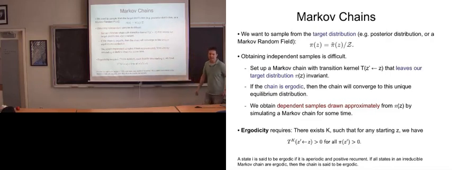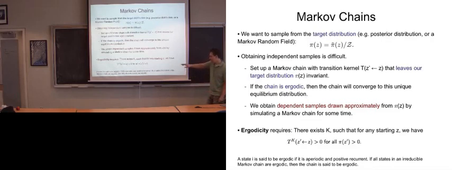The intuition here is that effectively you will explore the whole space. There's always non-zero probability of reaching any state in your domain for which pi of z is non-zero. Right? Intuitively, it makes sense. If you're setting up a Markov chain and can never reach one particular state for which your pi has non-zero probability, then you'll not get the right answer, right? That's the intuition.